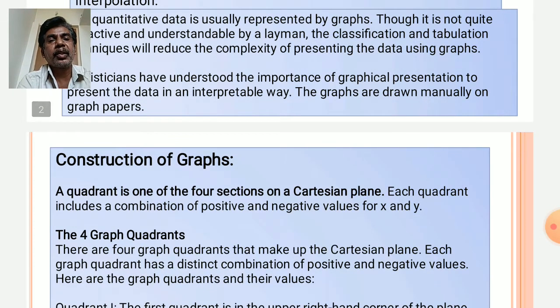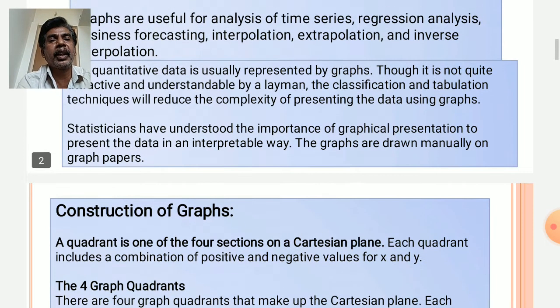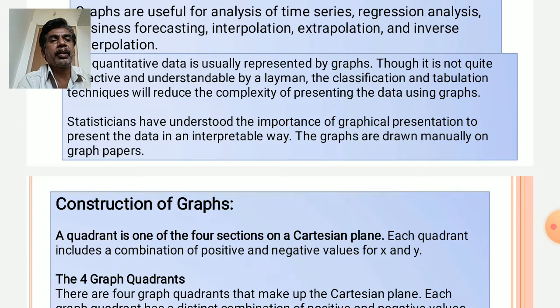Statisticians have understood the importance of graphical presentation to present data in an interpretable way. Graphs are drawn manually on graph papers, so the statistical data presented by drawing graphs can easily be understood by any person.